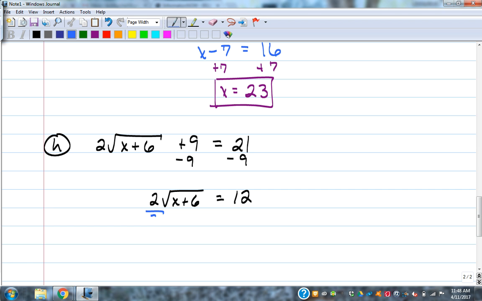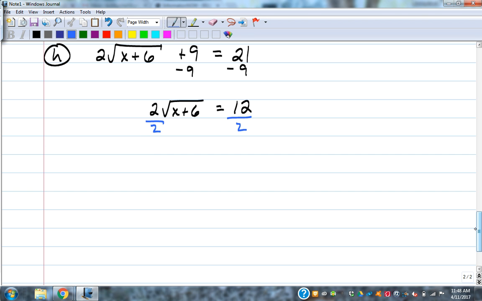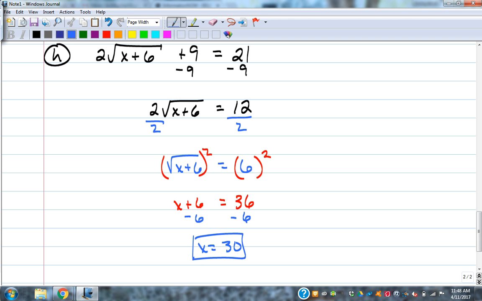Divide by 2. Square root of x plus 6, excuse me, is equal to 6. Now what? Square both sides. What's 6 squared? 36. We've seen that one already today. Now, subtract 6. x equals 30.